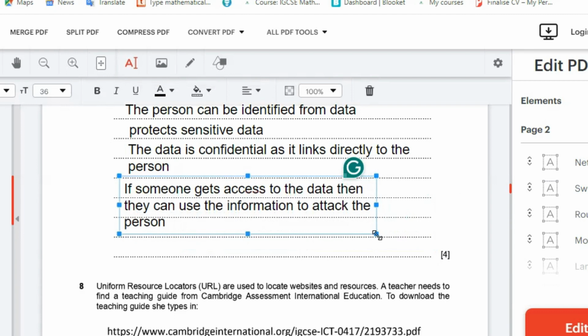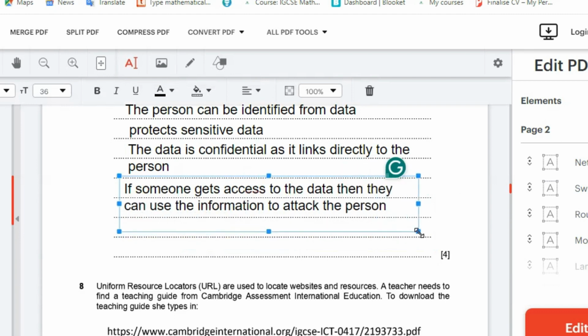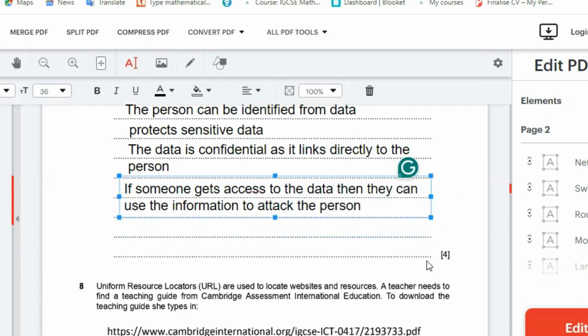All right. Others include: if not kept confidential and secure, it could lead to users suffering physical harm. Also, it could lead to home burglaries as people post holiday details on social media.